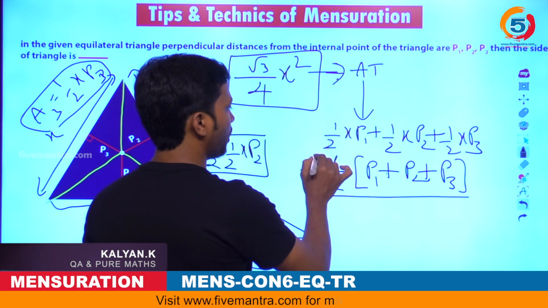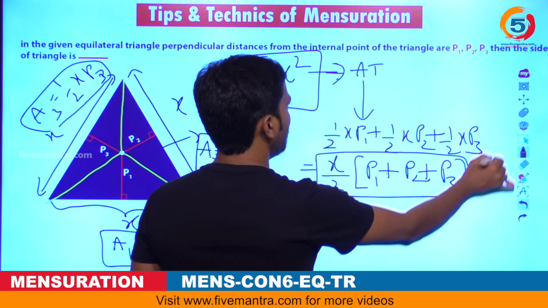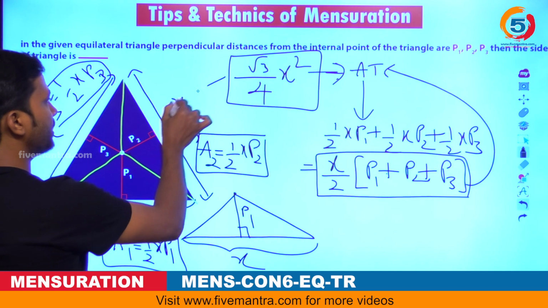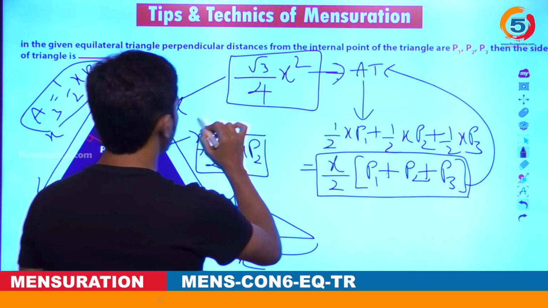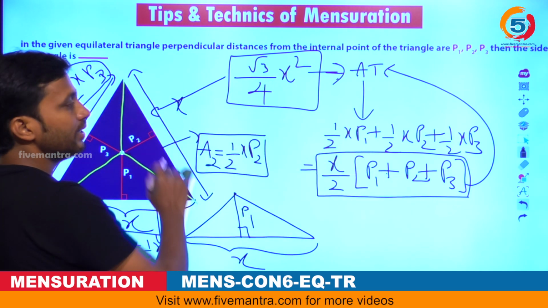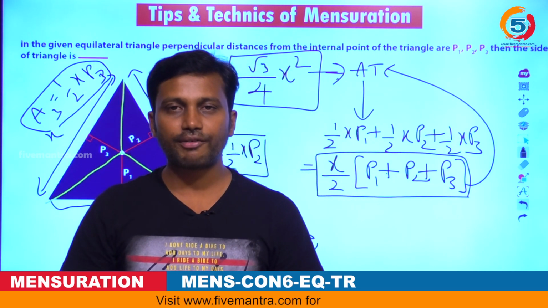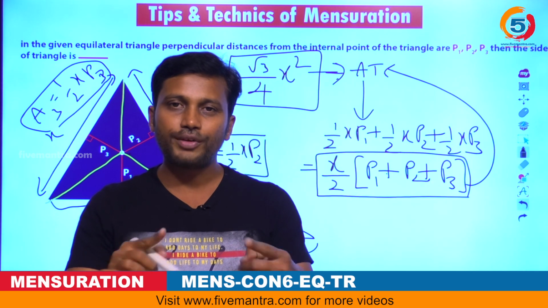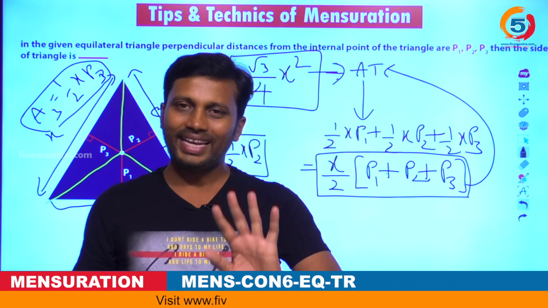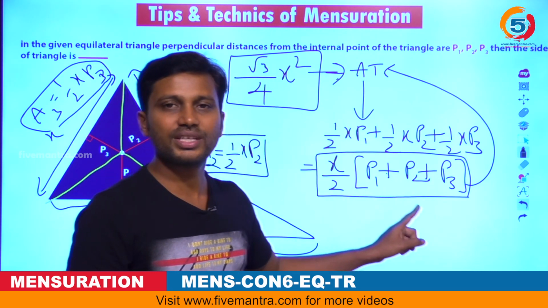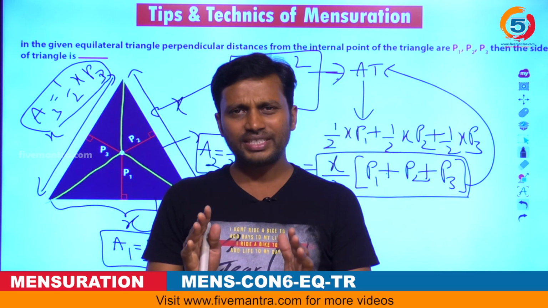Now this is also the area of this triangle, and this is also the area of the bigger triangle, right? So here we found the area of the given bigger equilateral triangle by two different methods. Whether you find it by this method or by this method, the area remains the same for the triangle.